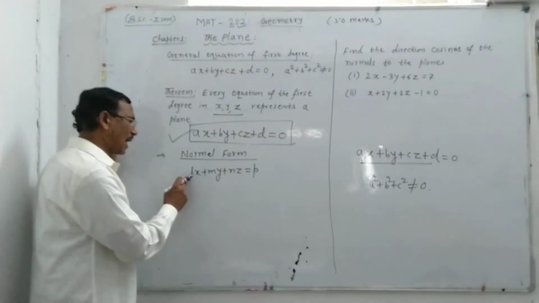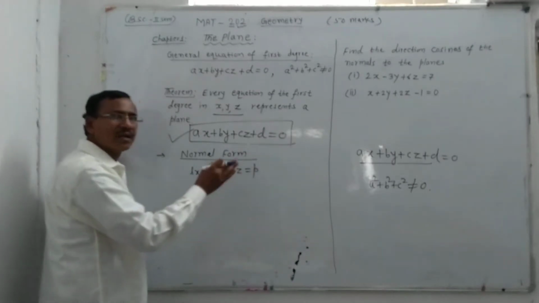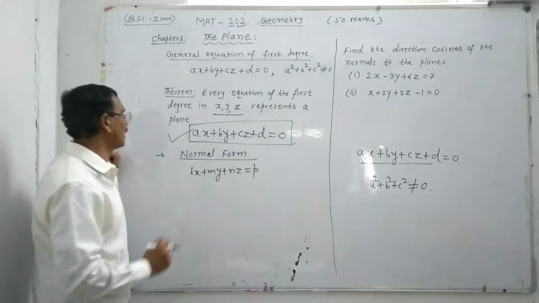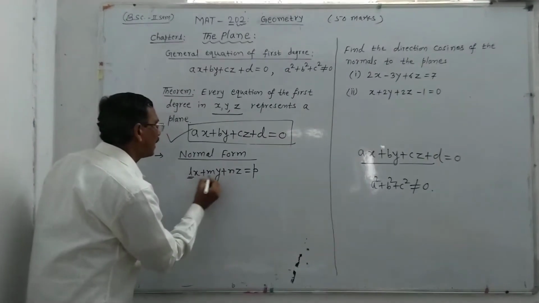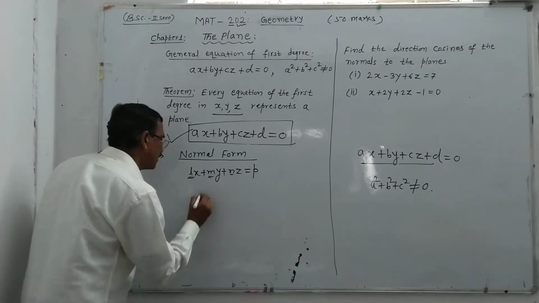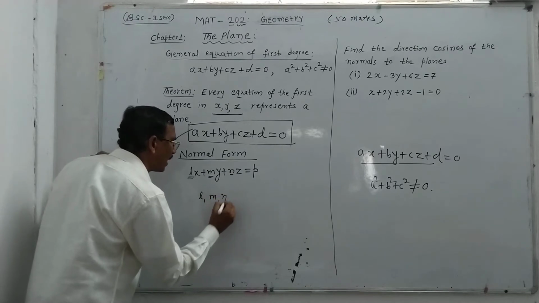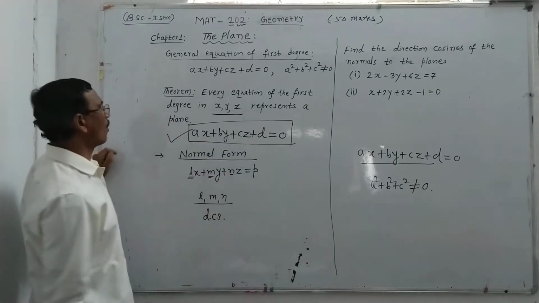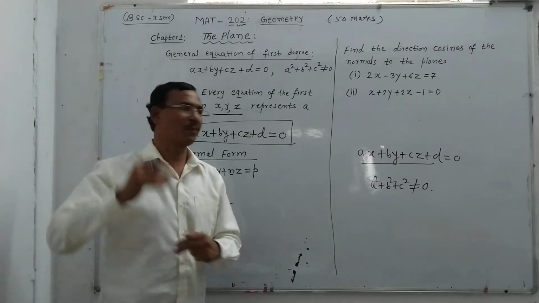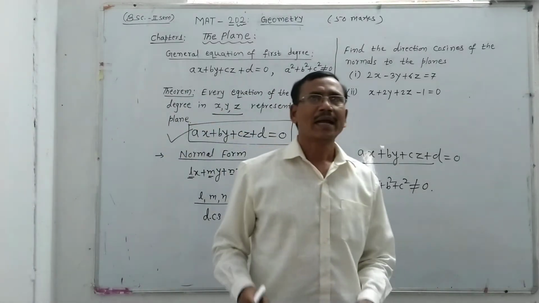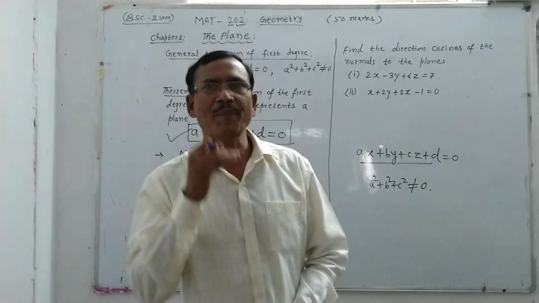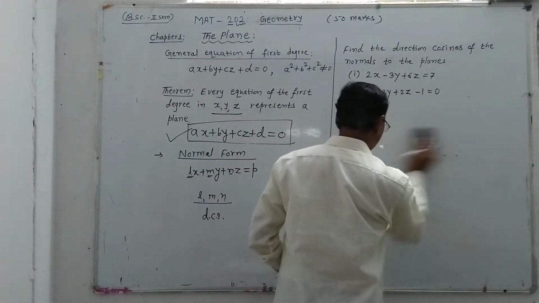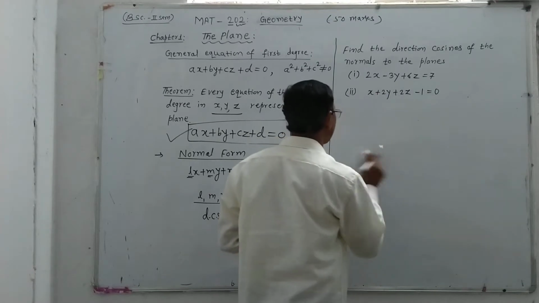But in this case, l, m, n and p, no doubt these are real numbers, but some conditions are there. l, m, n are the direction cosines of the normal to the plane. Normal to the plane means any line which is perpendicular to the plane is called a normal to the plane.